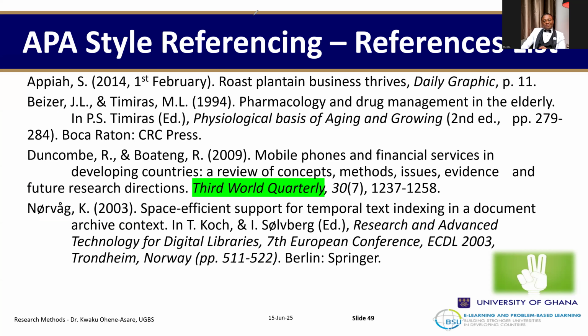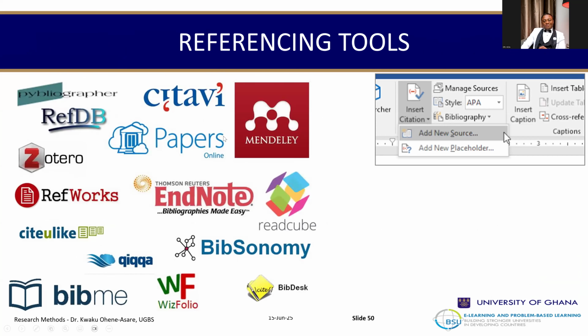So you have that. Now, these are the referencing software I've got for you. You should use one of them. I use EndNote. In all my publications, I use EndNote. And it's really good. But you have to pay. I paid for mine. If you can't afford it, look for Zotero. And I know there is another one, which is Mendeley, which you can look at.